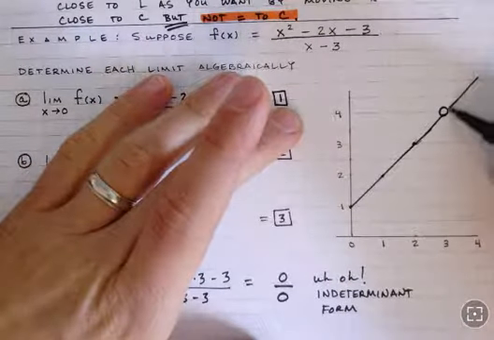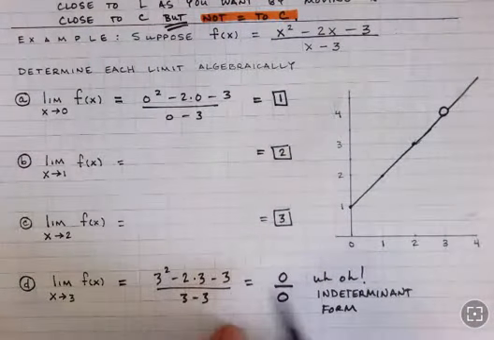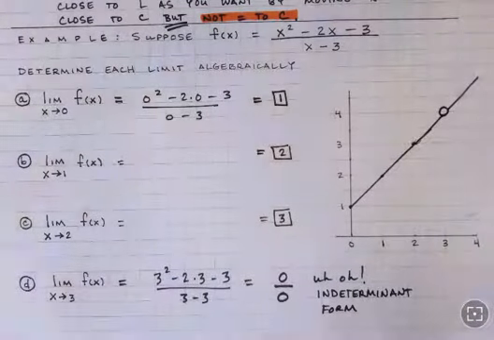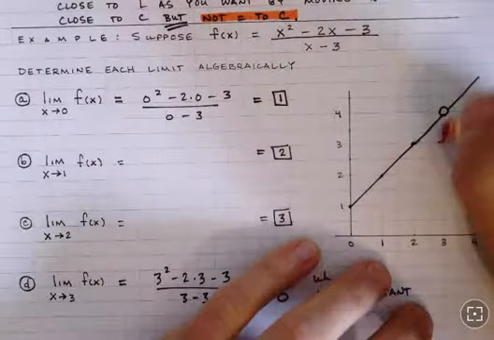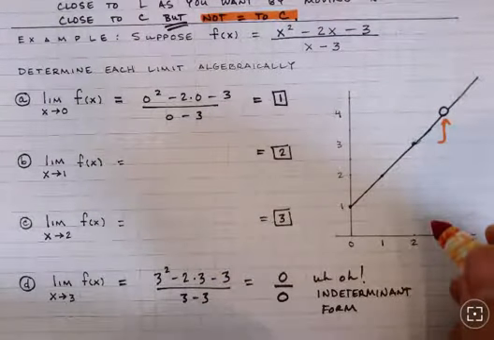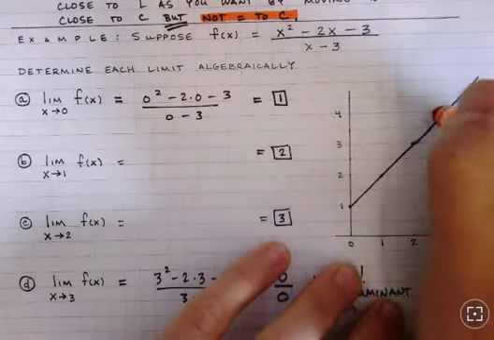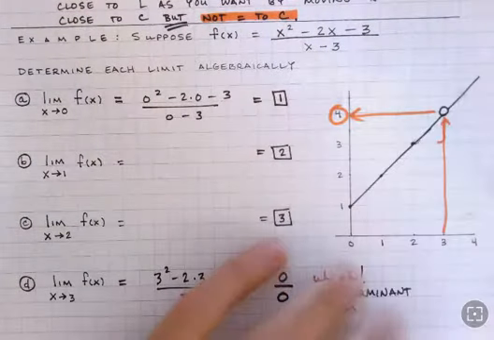But it also tells us that we can't determine the limit just based on this information. There might be a limit and there might not. As I am looking at the removable discontinuity right here, I'm thinking it seems like as we approach 3, we're getting pretty close to 4.